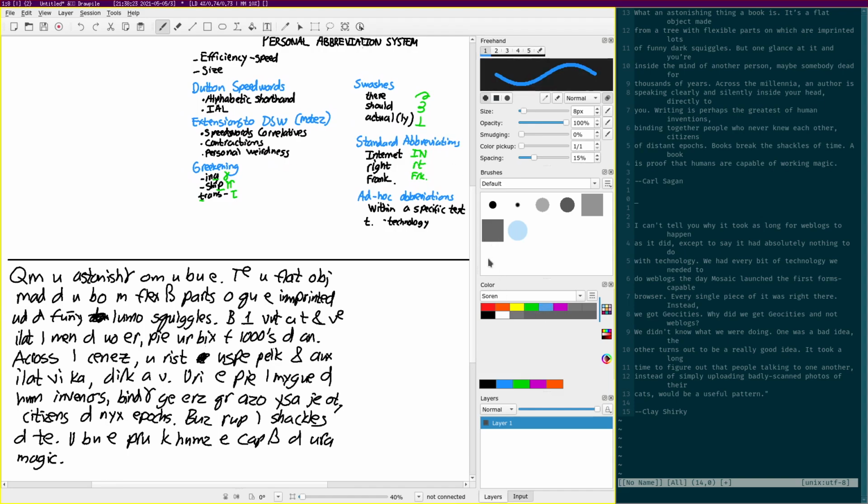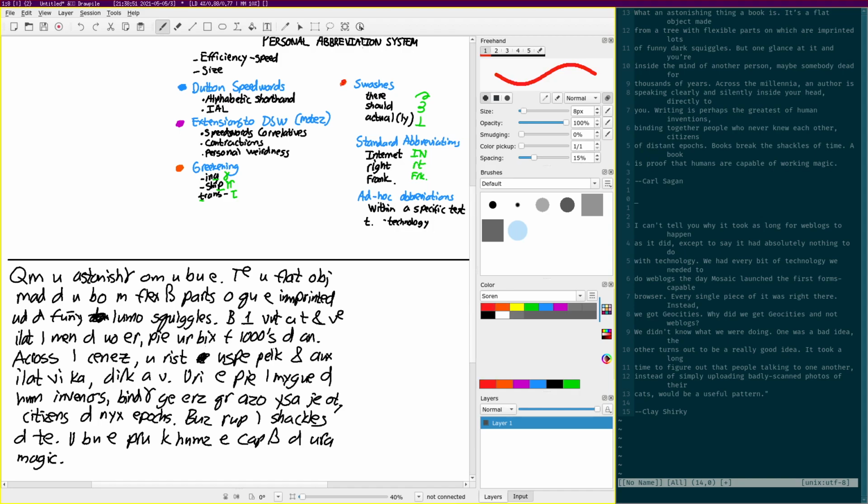So let me put a color next to each of these. We'll do blue for Speedwords, purple for extensions, orange for Greekening, and I might expand this. We don't have any swashes in this one, so I'll put a red with it, but we don't have any.